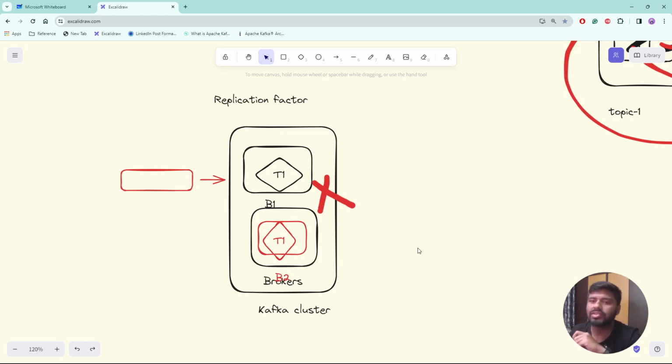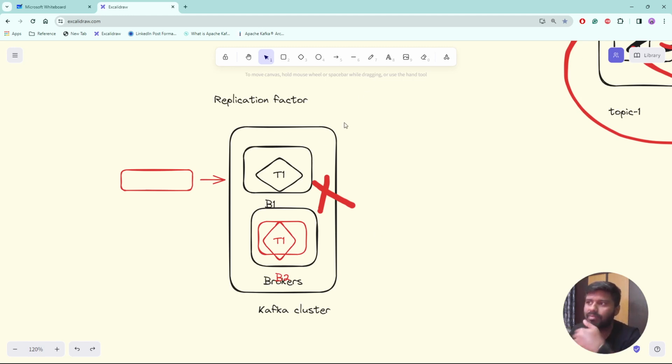Whenever a producer produces some messages or information and it gets into the Kafka cluster, Zookeeper will assign some broker, and then and there it will create some replicas of it. That means if something goes wrong, the information the producer produced is safe.